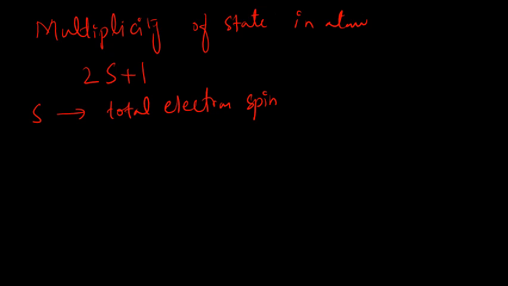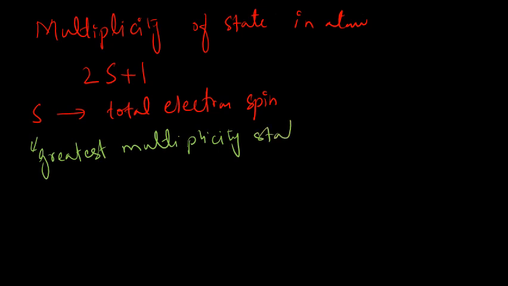So the greatest multiplicity state is the one with the high spin state. Which one is the greatest multiplicity state? It is the one which has the high spin state.